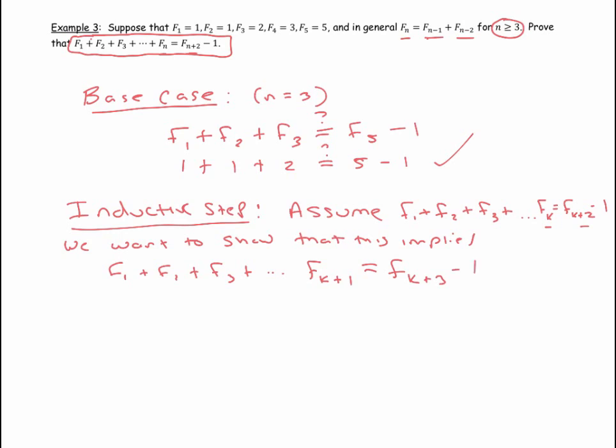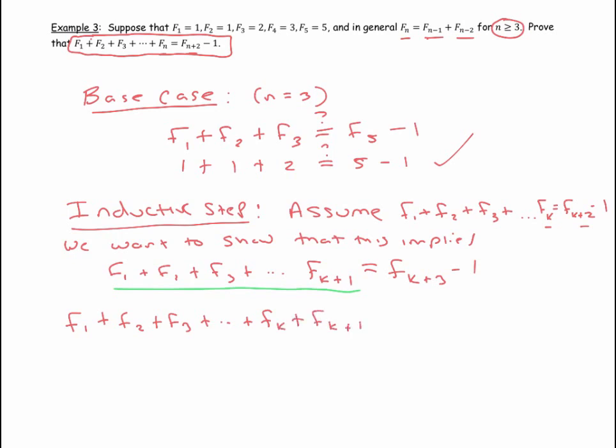Okay, so we're going to start with this expression, and we're going to show that that must equal what's on the right there. So f1 plus f2 plus f3 all the way down to the kth plus the k plus first.